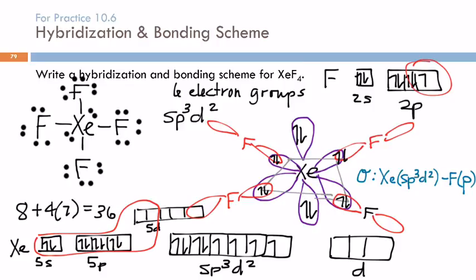sp3d2. So in this description, we tell the type of bond, sigma or pi, and we show the 2 elements that this bond is between, and we show the hybrid orbital on the xenon and the unhybridized p orbital on the fluorine. When you have a double bond, you're going to have 2 descriptions, one for the sigma bond, one for the pi bond.